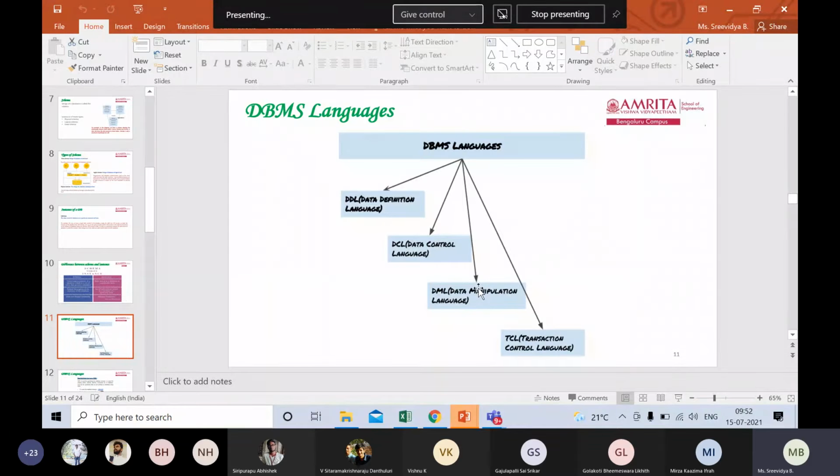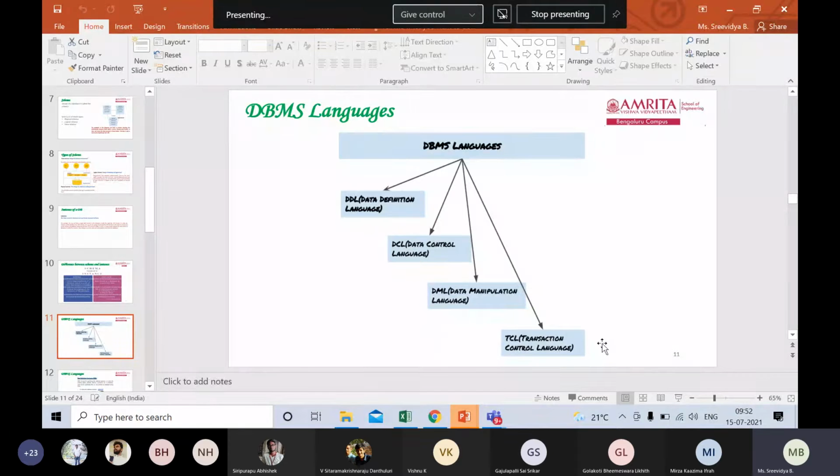Otherwise, you can also categorize it differently. DQL is a part of DML only, that's how most of the books say. So in case DQL is not explicitly asked or spoken about, then you can always categorize select under DML. Otherwise, to be very precise, select is a part of DQL, data query language.